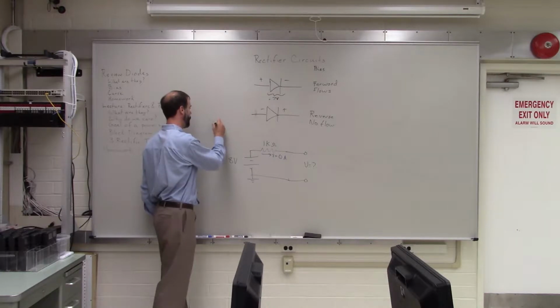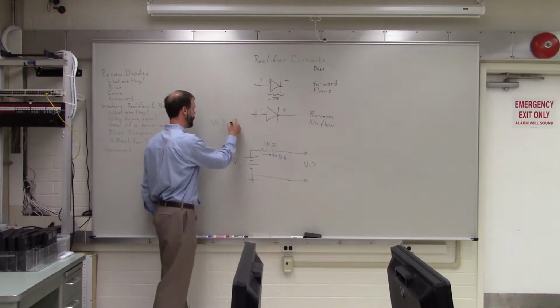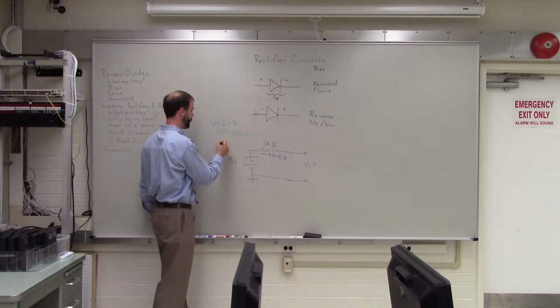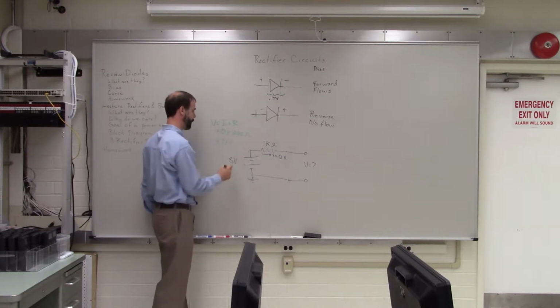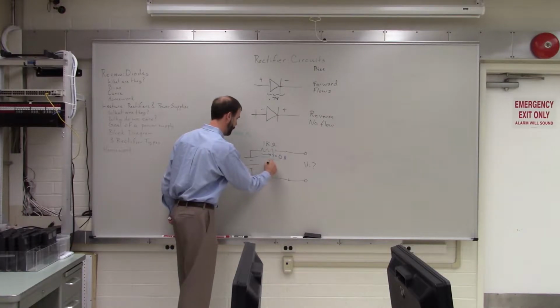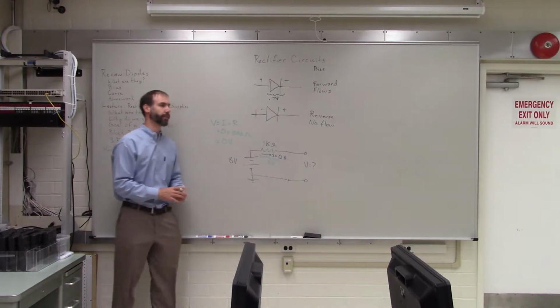We say V equals I times R. So this is 0 times 1,000 ohms. So how much? 0 volts, right? So there is 0 volts across that resistor.